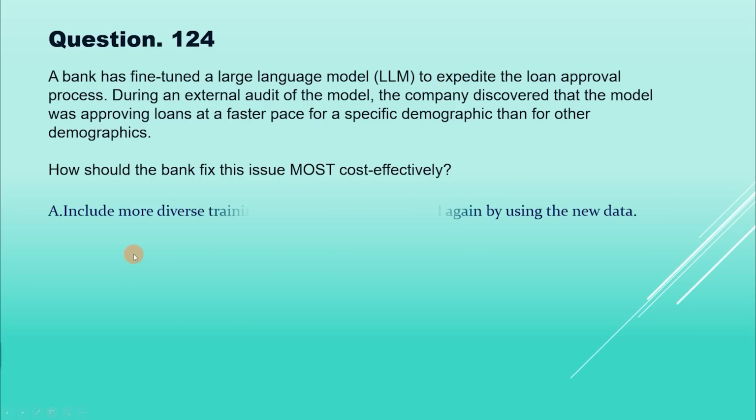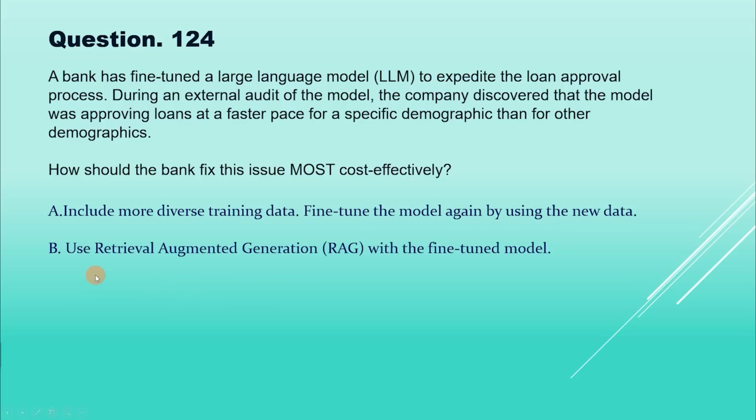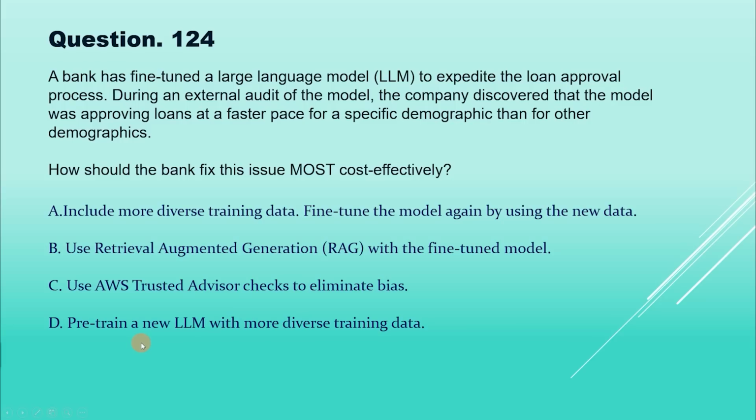Here are the options: option A, include more diverse training data, fine-tune the model again by using the new data. Option B, use retrieval augmented generation with the fine-tuned model. Option C, use AWS Trusted Advisor checks to eliminate bias. Option D, pre-train a new LLM with more diverse training data. So take your time to guess the correct answer again.